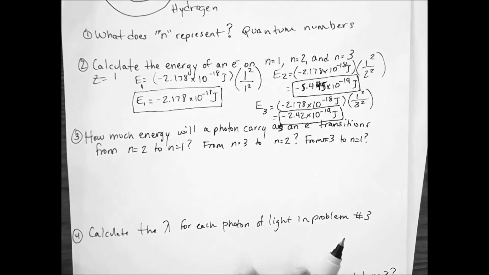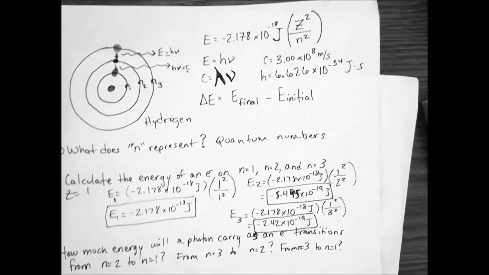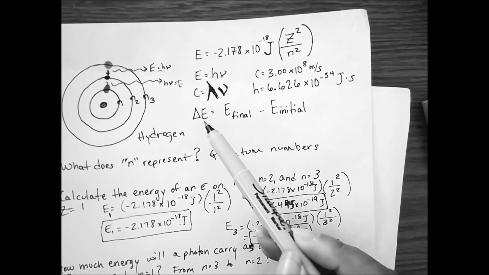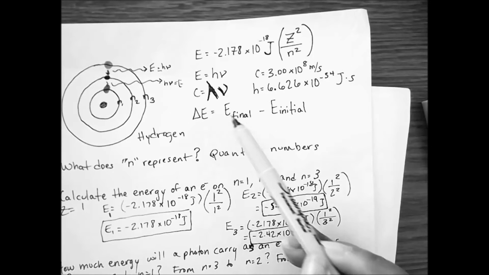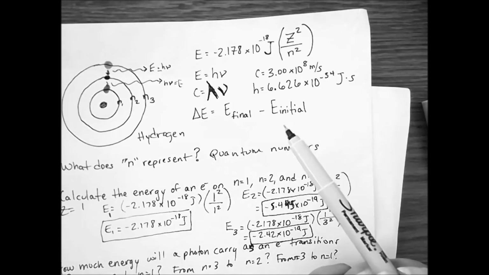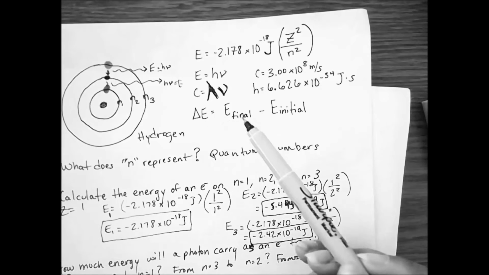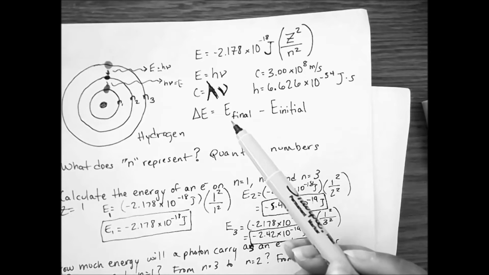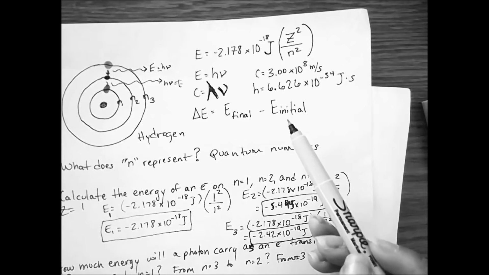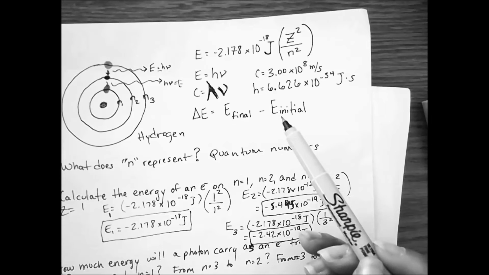So to talk about energy transitions, we use this equation, delta E. The change in energy is going to be your final position minus your initial position. So where were you at the end of everything happening minus where were you at the beginning of everything happening?